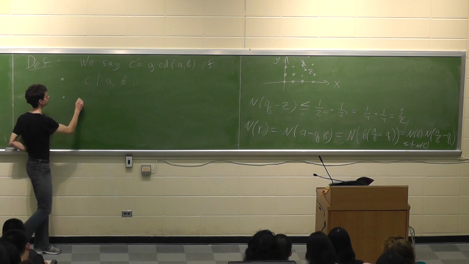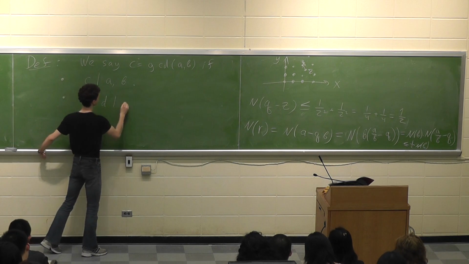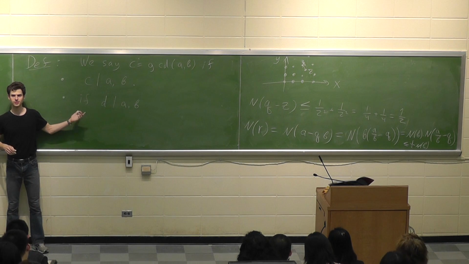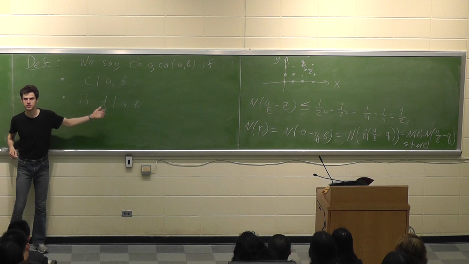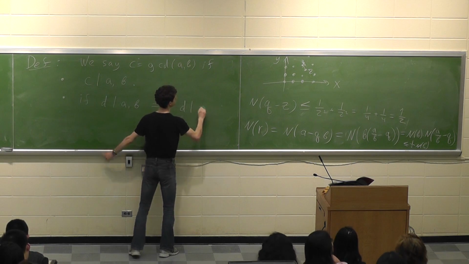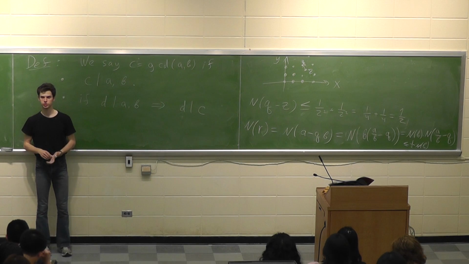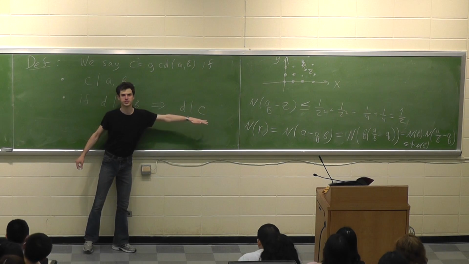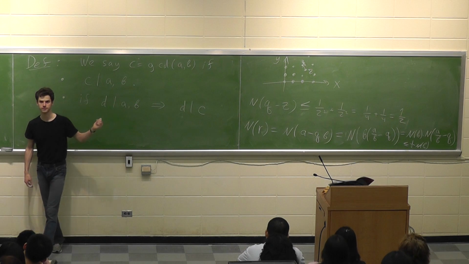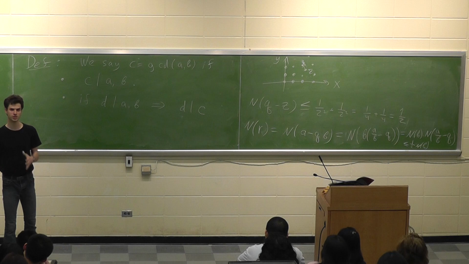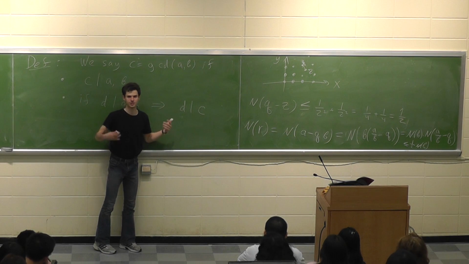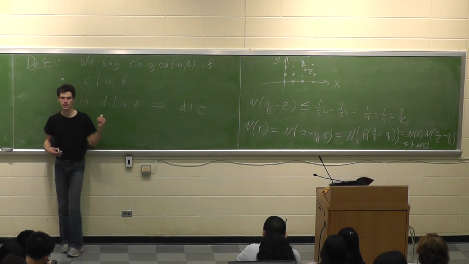Another property, if D is a divisor of A and B, then D divides C as well. So this number C is divisible by all the divisors of A and B. Among these numbers, it is the largest in the sense of division, and it is divisible by all the other divisors.